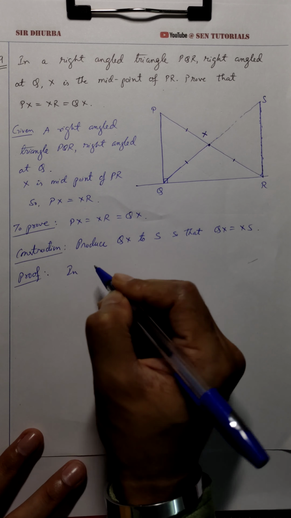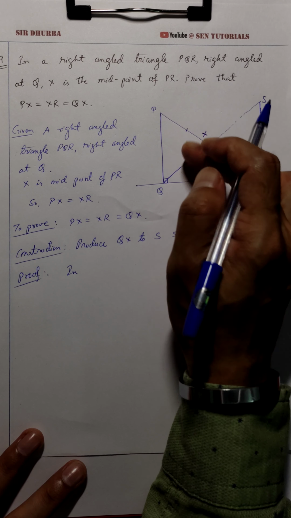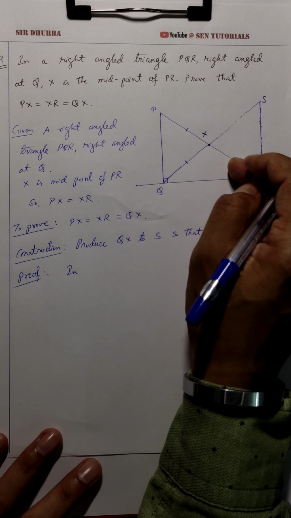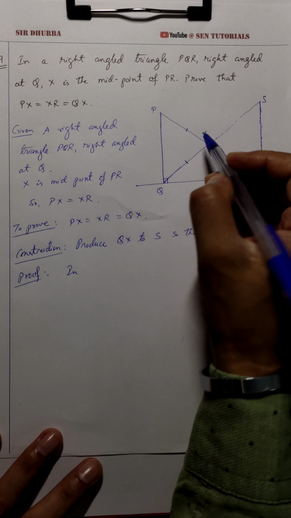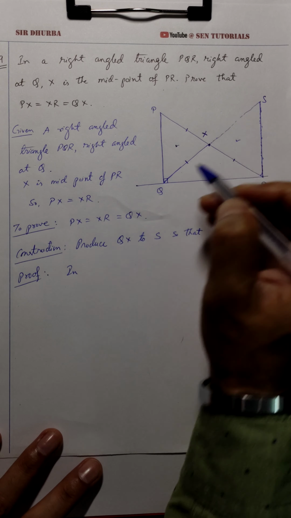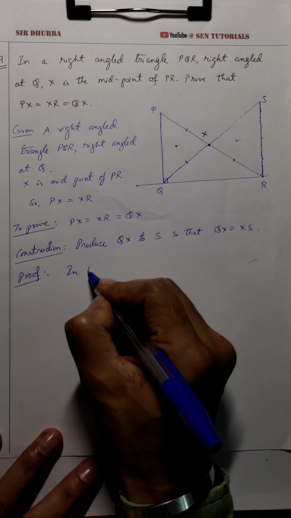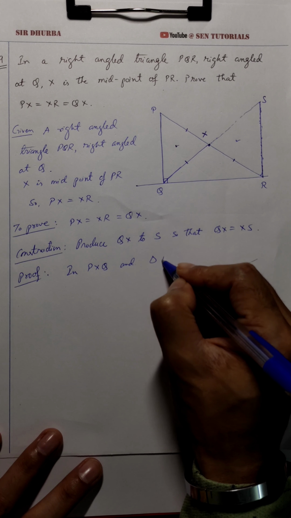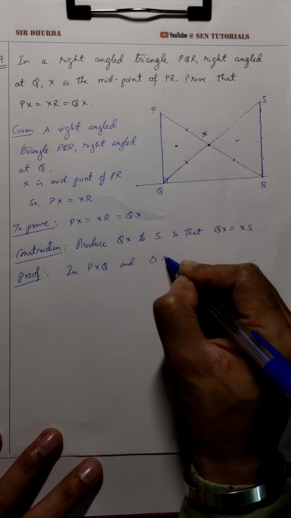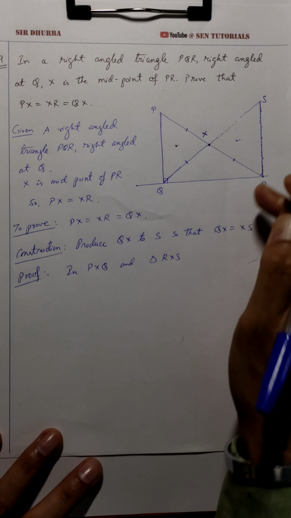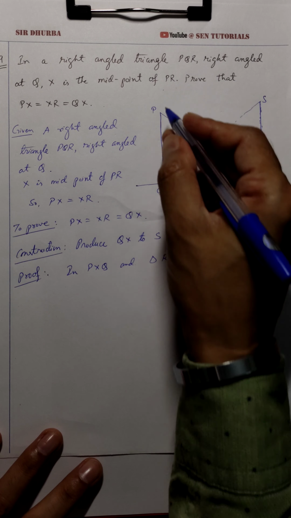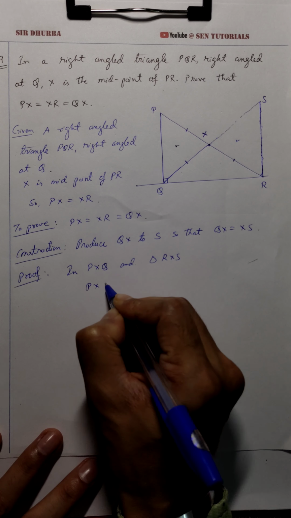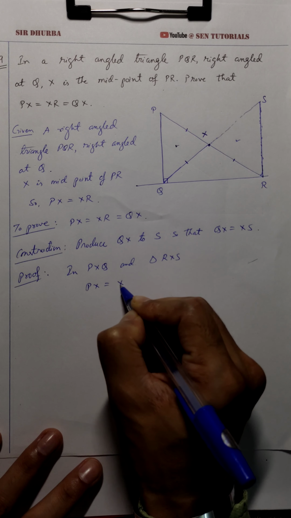Proof. I'm trying to prove that these three sides are equal. Now you see how I prove it using congruency. Just like the last one, I'll first prove that these two triangles are congruent. So in triangle PXQ and triangle RXS, PX is equal to XR.